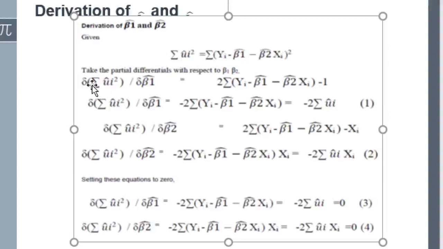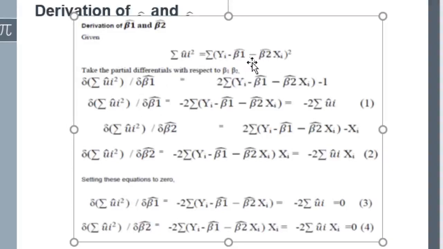The partial differential is denoted as dou sigma ui cap square divided by dou beta 1. In the first case we derive the partial differential of this function with respect to beta 1.